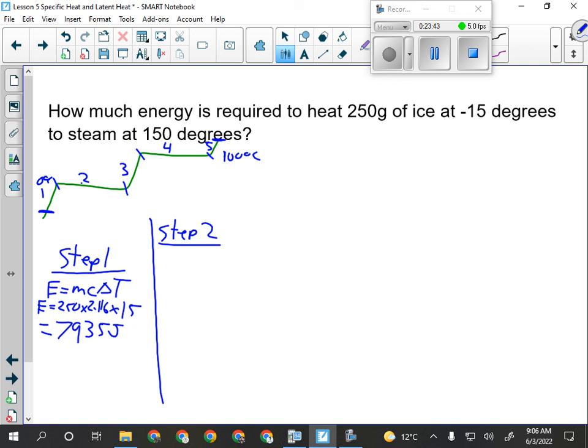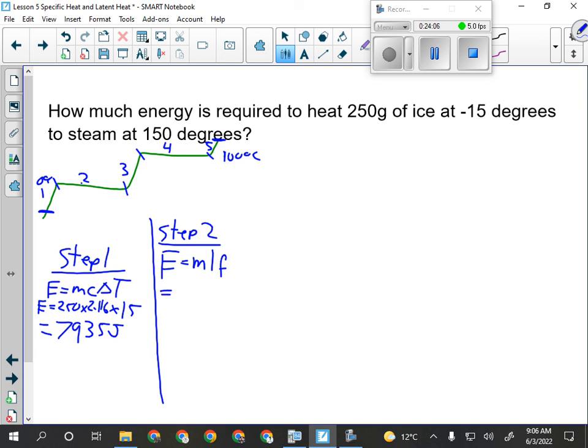So what formula am I going to use? There's no L T, but E equals m L, it's an F. It looks like a T, yeah. So E equals m L F, mass times the latent heat of fusion. That's what we use for melting and freezing.